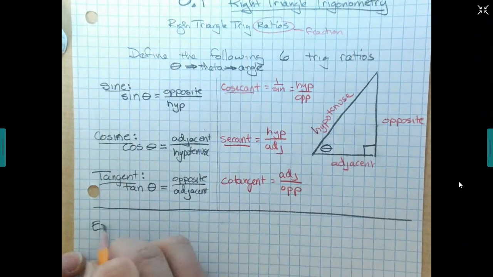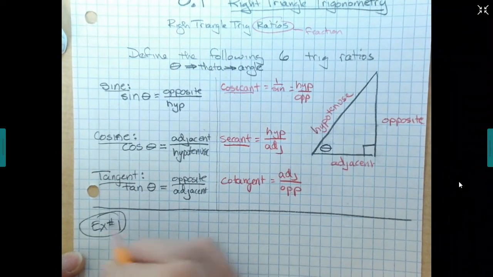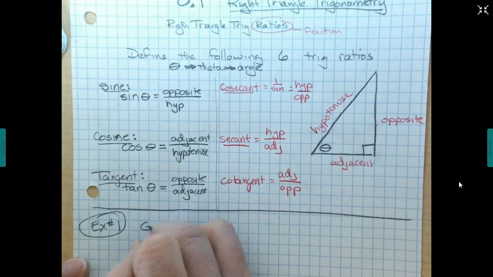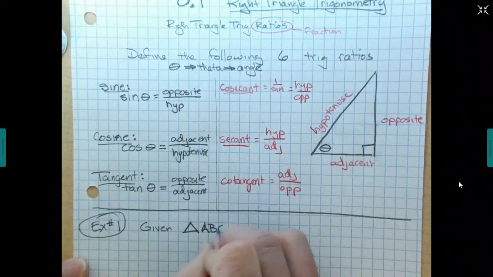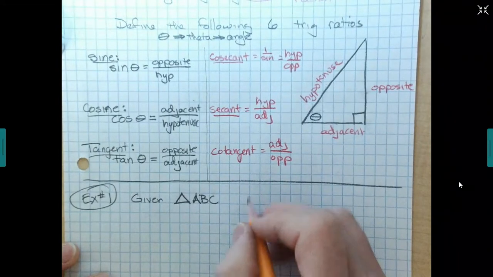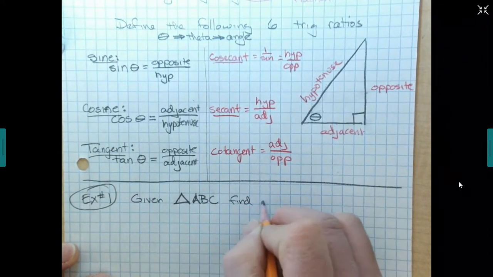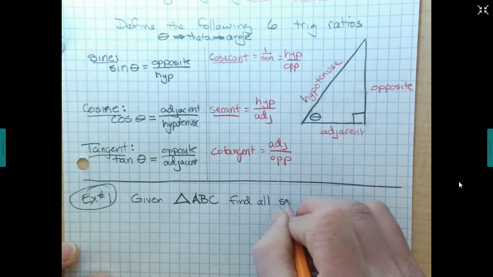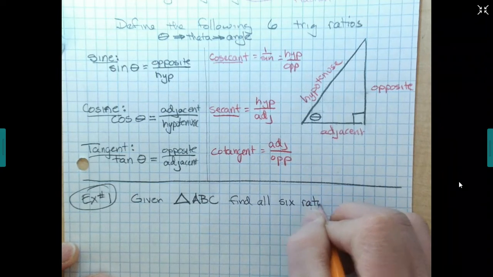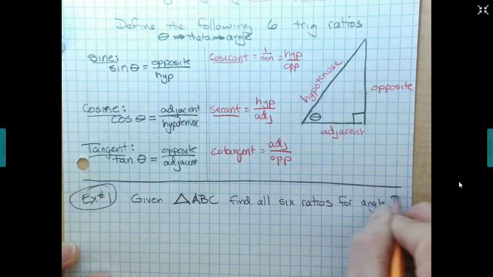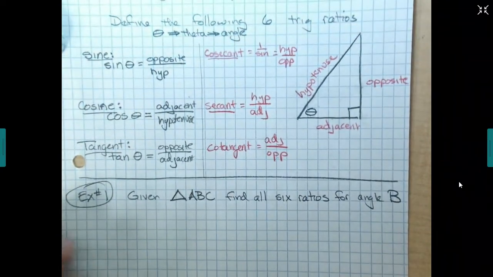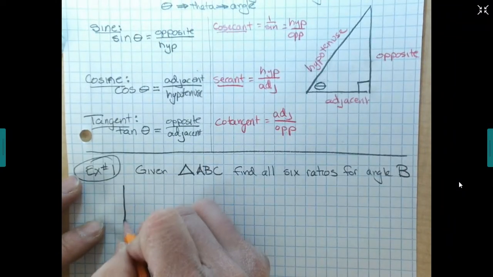Example number 1. Given triangle ABC, which I'll draw in a second, find all 6 ratios for angle B. Here's our triangle.